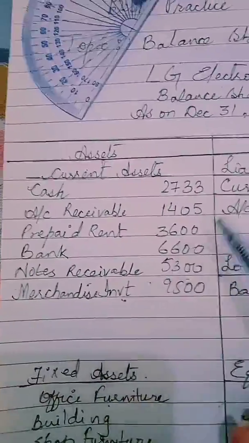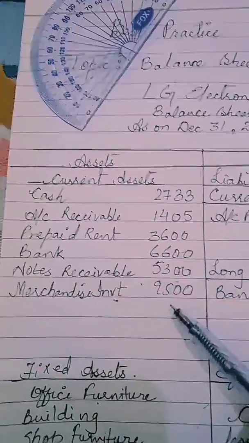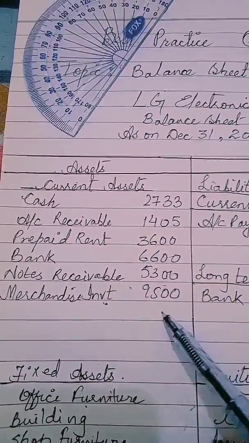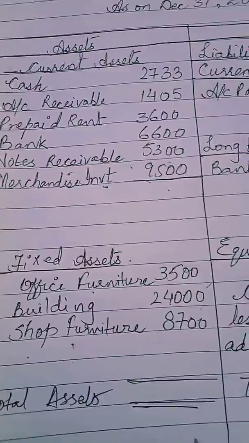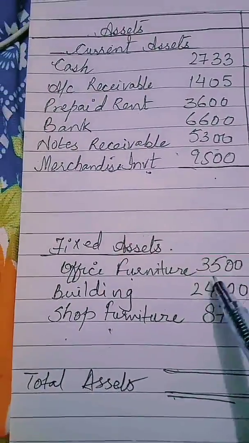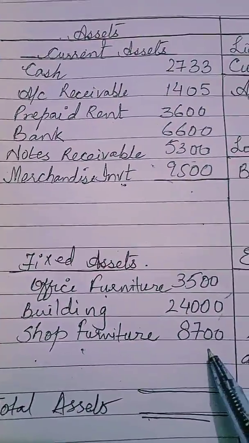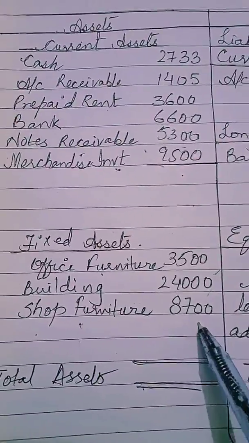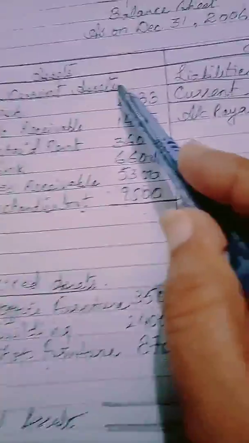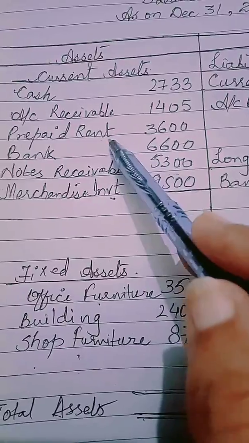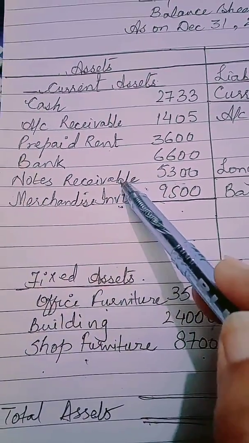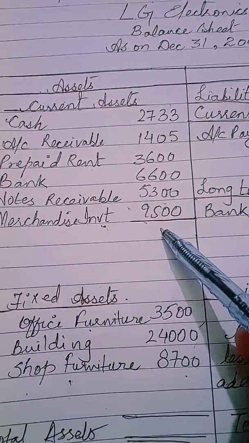What I did, I simply mentioned all the amount which is given for the current assets over here, and I also put all the amounts of fixed assets on the debited side. Now you can see the current assets: cash, account receivable, prepaid rent, bank, note receivable, and merchandise inventory. I put the values of all these assets on the debited side.